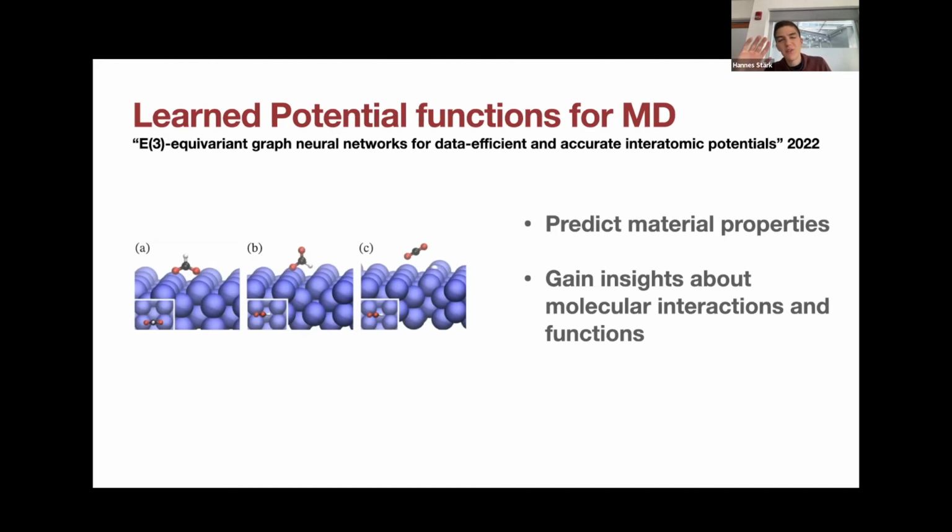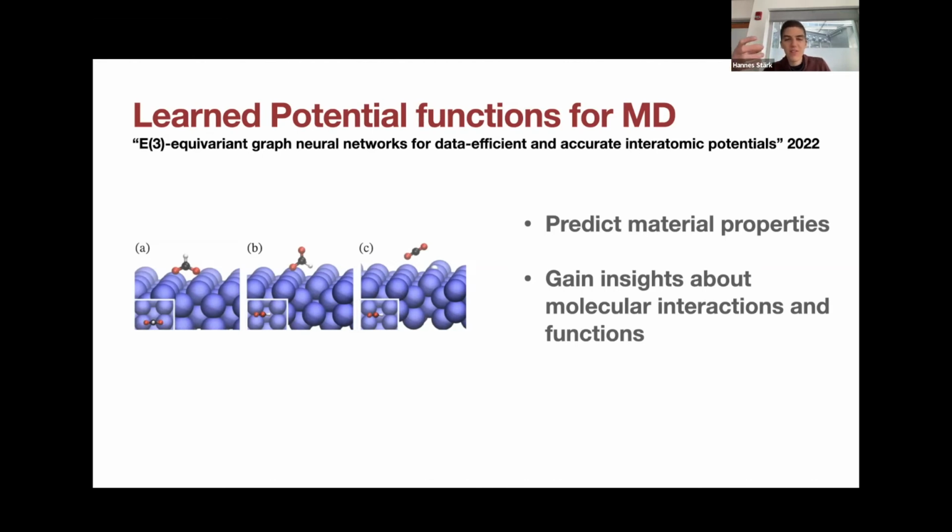Now, first of all, in molecular dynamics, we have an initial state of 3D coordinates of the small molecule and maybe some solid material. And we want to predict, after 1 femtosecond, where will the molecule be next? Where will it go?